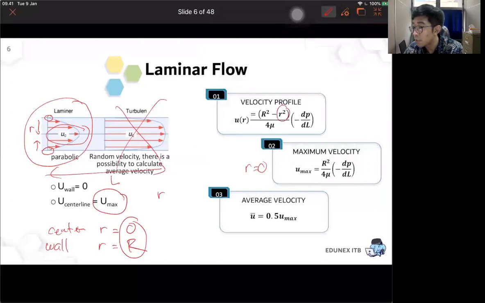So you replace r with 0, then you get this equation. This is how you can calculate maximum velocity at the center of the pipe. Or you can also calculate the average velocity as half of the maximum velocity.